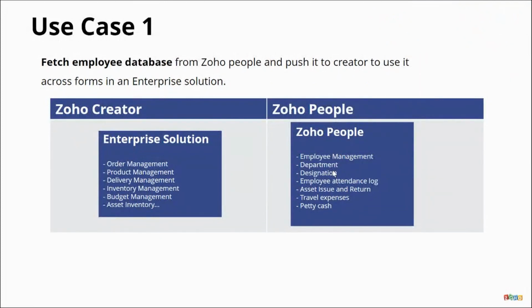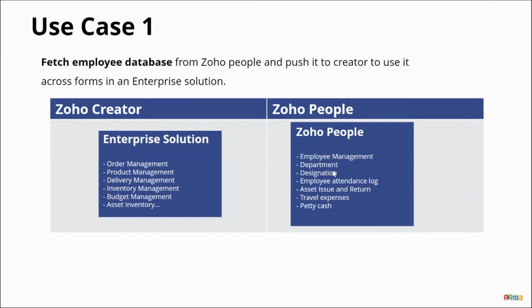So coming to the use cases, I've listed a few use cases here wherein Zoho Creator and Zoho People integration would play a really vital role. Consider an enterprise solution built with the Zoho Creator platform. An enterprise solution comes as a complete package, which will have order management system, product management system, delivery management system, inventory, asset maintenance, and all that.